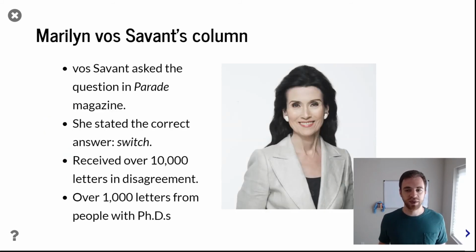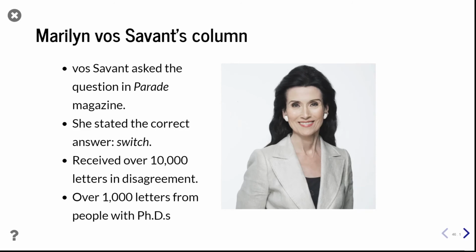So this is a famous problem. I like this story that captures the incredulity of people whenever they hear that this is the right answer. There's this person, Marilyn Vos Savant, who was a savant, one of the people known to have a very high IQ. She had a column in Parade magazine. Somebody wrote in and asked this question, and she stated the correct answer.